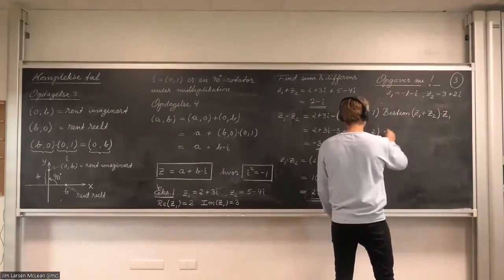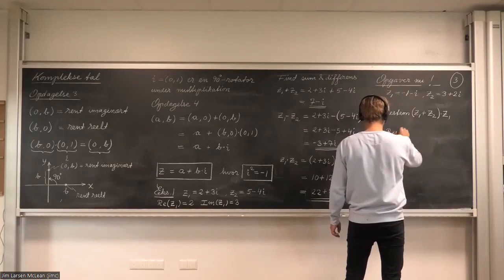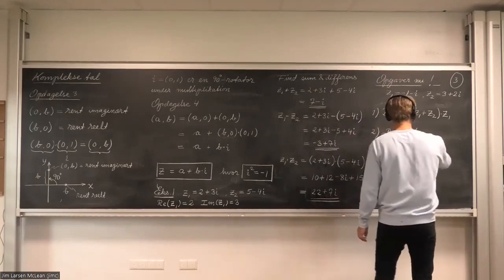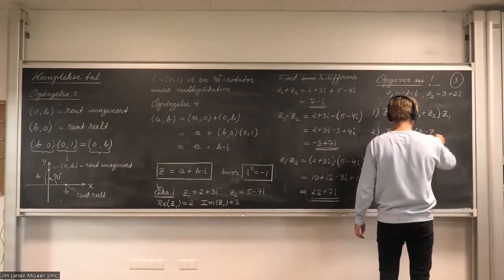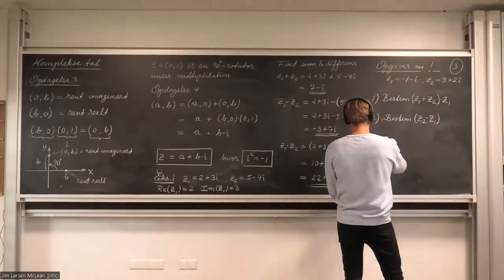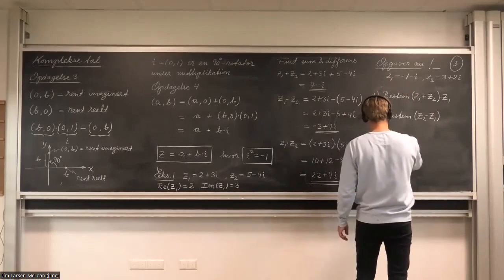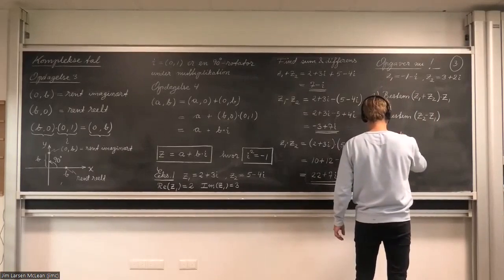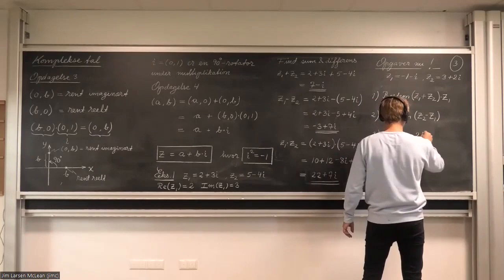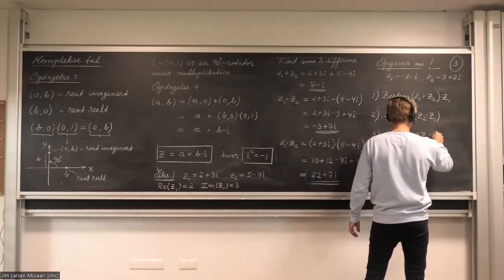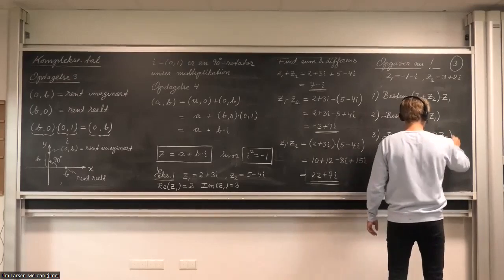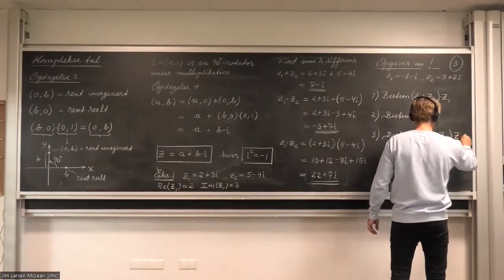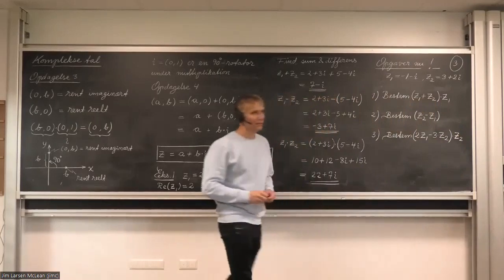Then 2 times Z1 minus 3 times Z2. All that concerns Z2. And we're going around to help you.